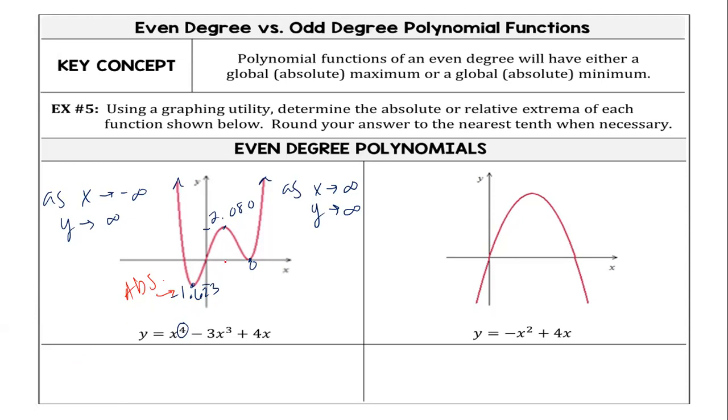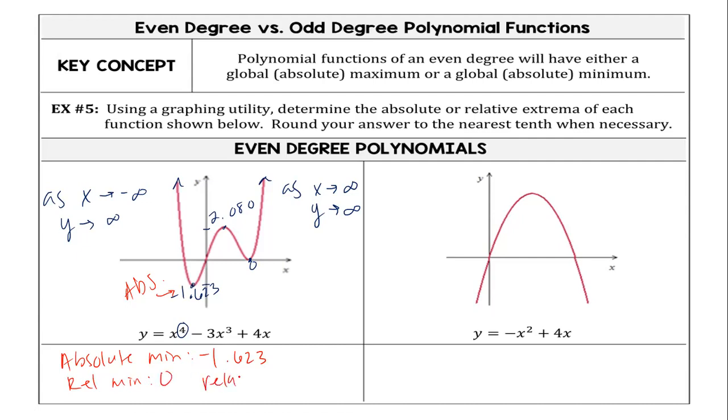Is that what we should write in the box? Yes. So our absolute min is -1.623. Do we have an absolute max? No, we do not, but we do have relative, and our relative min value is, no, sorry, relative min is 0.